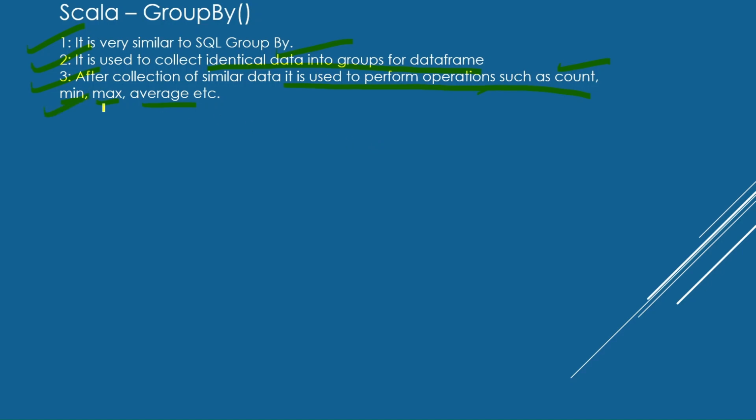What is the mean value of that collection, what is the max value, and what is the average value of that collection? We can perform different kinds of aggregate functions over the collection which is created with the help of a group by function.